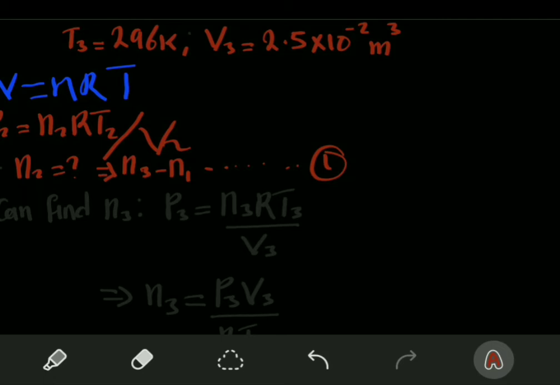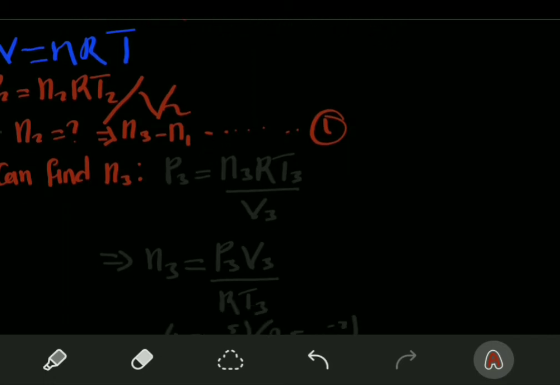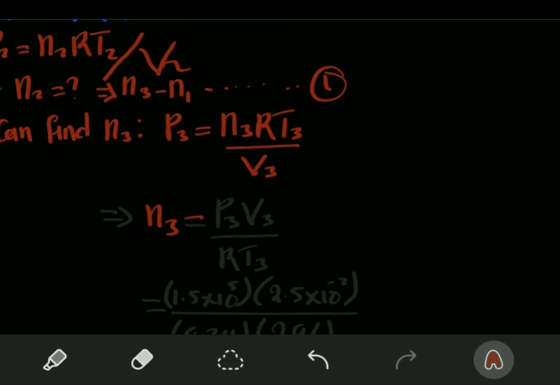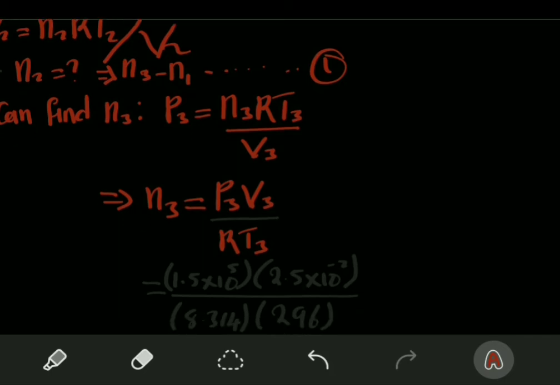If we want to find N3, we consider the pressure of the gases at equilibrium, which is P3 equals N3 R times T3, from which we're able to obtain N3 as N3 equals P3V3 over R T3. So we have P3, we have V3, we know R, and we also have T3.